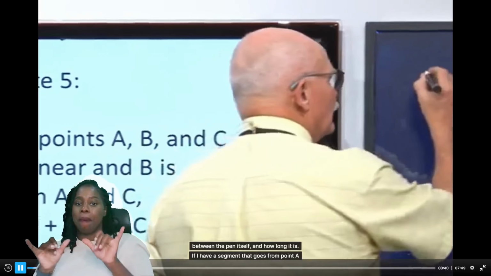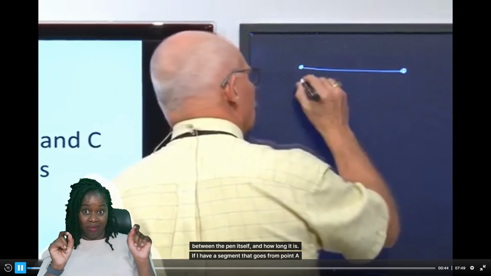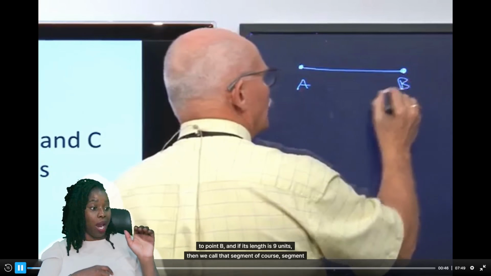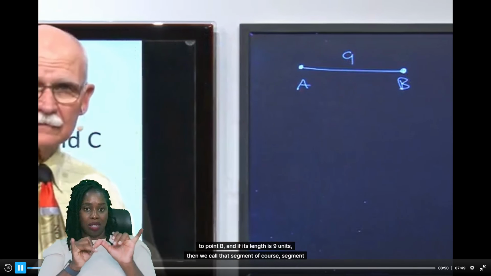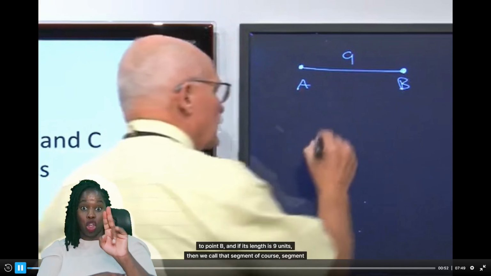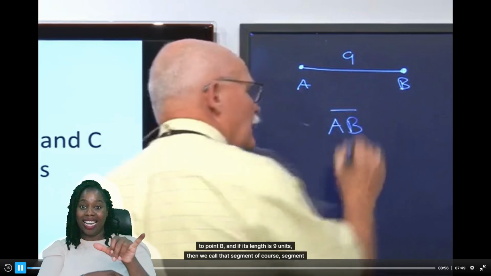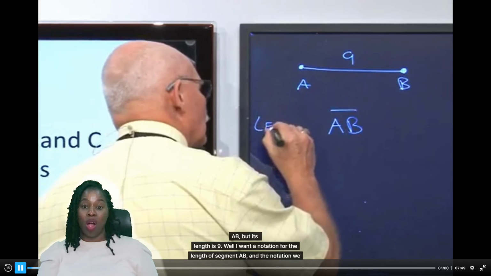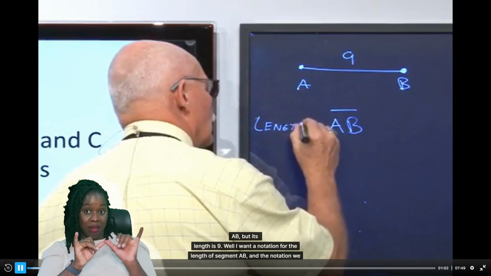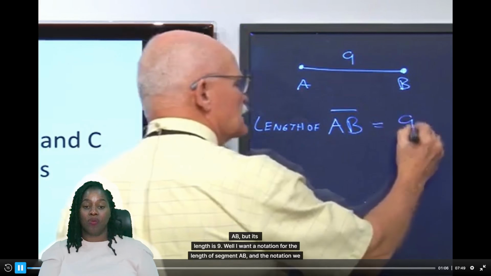Okay? If I have a segment that goes from point A to point B, and if its length is 9 units, then we call that segment, of course, segment AB, but its length, the length of segment AB, is 9.